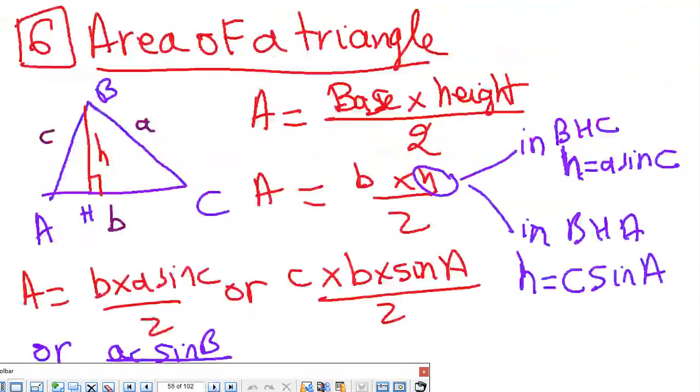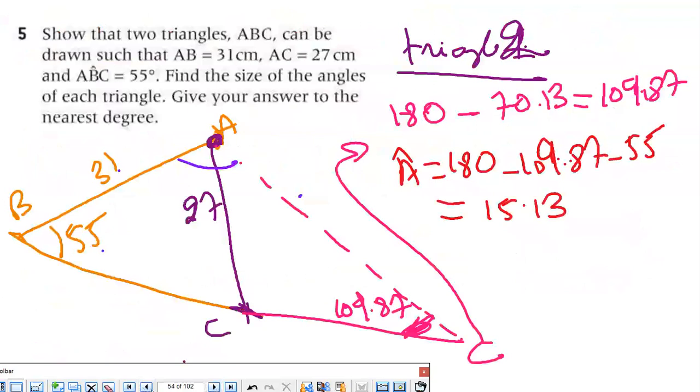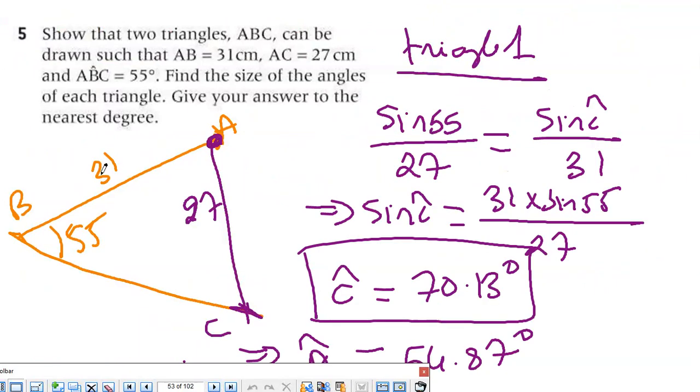I'll re-explain again. I have two sides given and an angle given not between the two sides. I don't remember if I mentioned this in the beginning of the video. So when two sides are given and the angle is not between the two sides, I'm in the case of the ambiguous case of the sine rule.